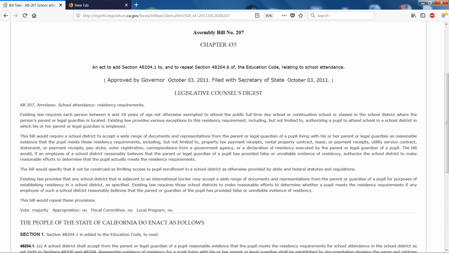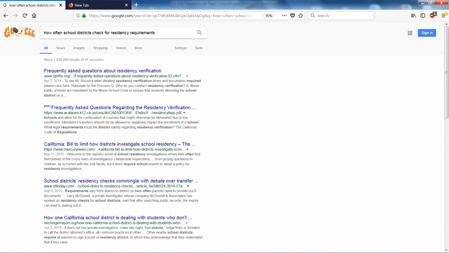So the parent might have already lost his visa, he may not have an H-1B visa, or he might be working in another state, or his student visa might have expired, he might have even left the country. But since at the time of admission they had a student visa, these school districts do not check the requirements periodically, which is extremely unfortunate, and the burden is pushed to California taxpayers.